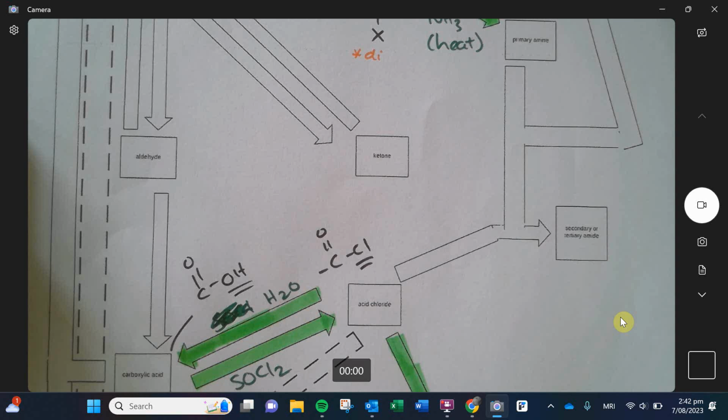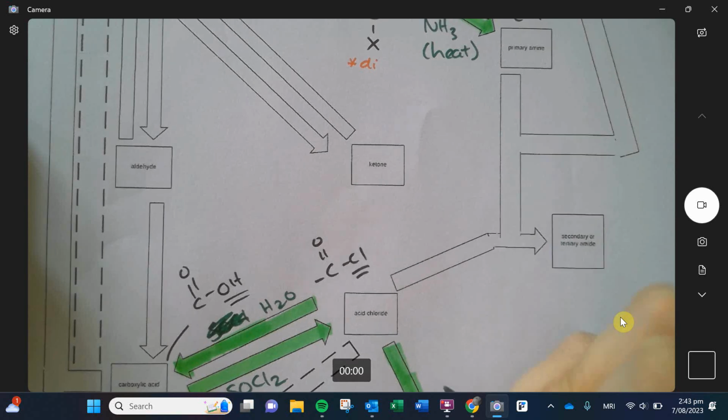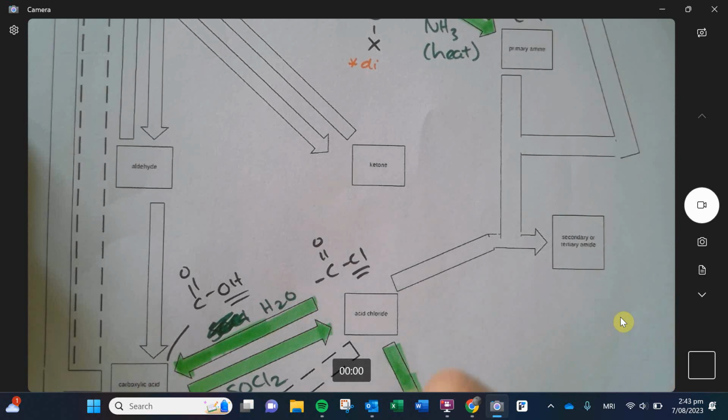If I want to go from an acid chloride to an amine, I would need, just trying to find it. So acid chloride to amine, you would need ammonia.